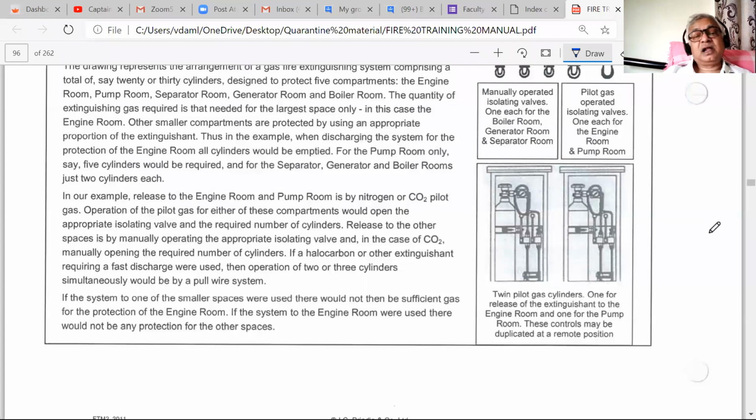Now, this part: pilot cylinders are either nitrogen or CO2. When you release it, the pressure released in the pipeline opens up the remaining valves of the CO2 cylinders. And then the gas is released.